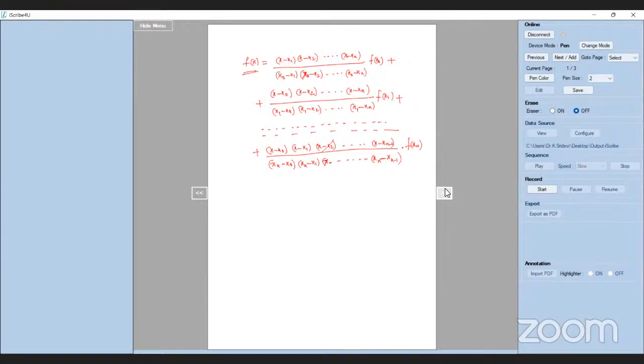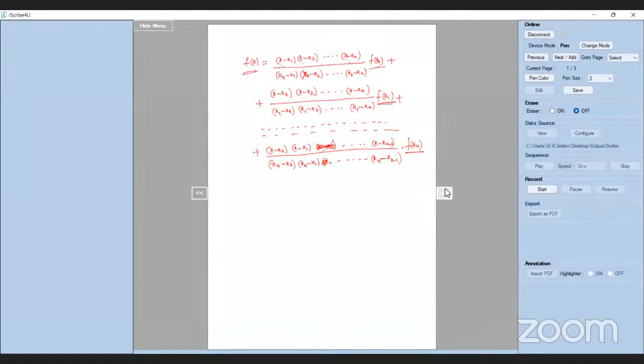Now you can observe this. In the first term, f of x0 is there. In the second term, f of x1 is there, and so on. In the last term, f of xn is there. In the first term, which is related to x0, the x0 value should not appear in the numerator.